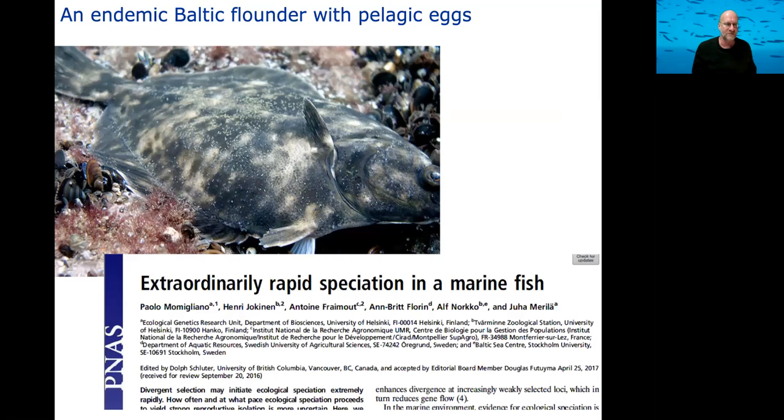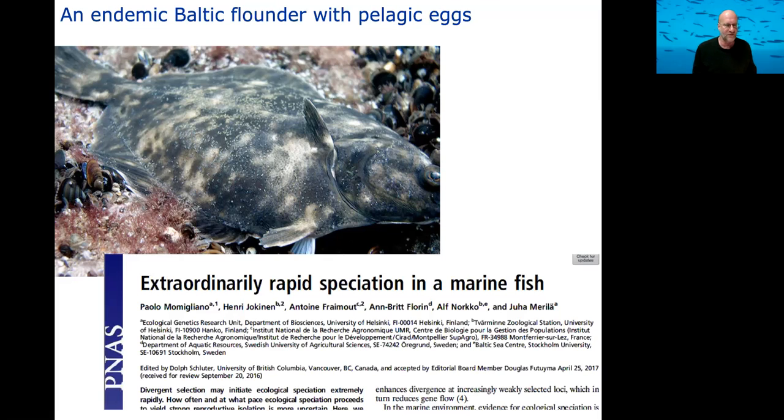And therefore it was a big surprise when Paolo Momigliano in the Juha Merilä group came up with this study here, showing that the flounder that's normally a benthic spawner has developed a second good species, I think, that has pelagic eggs in the central and northern Baltic Sea that's reproductively completely isolated from the ancestral flounder species.